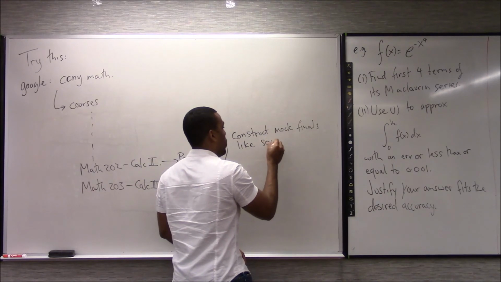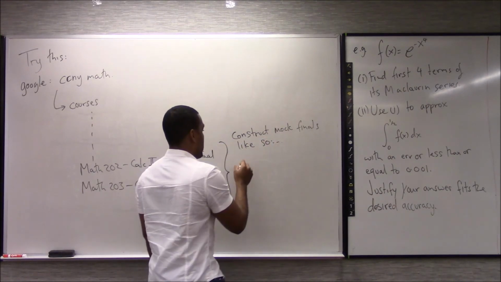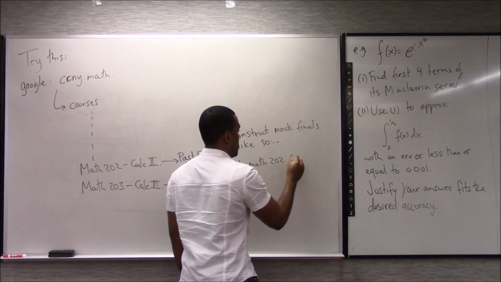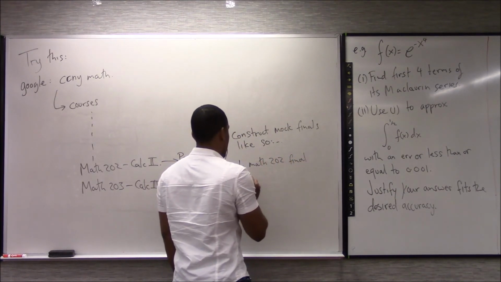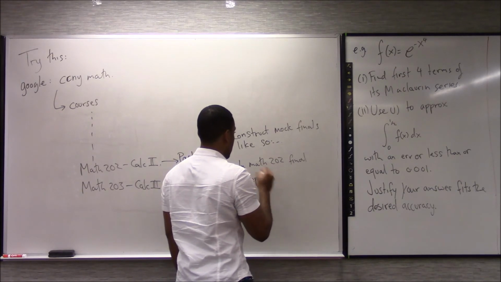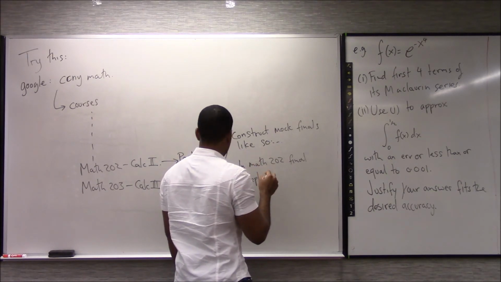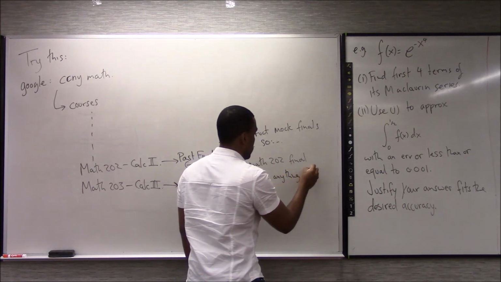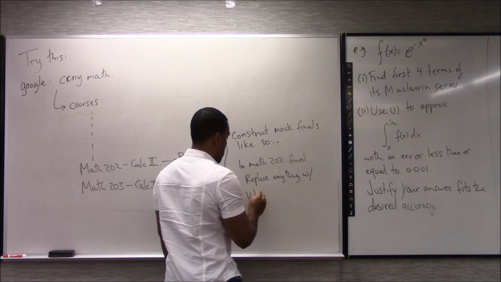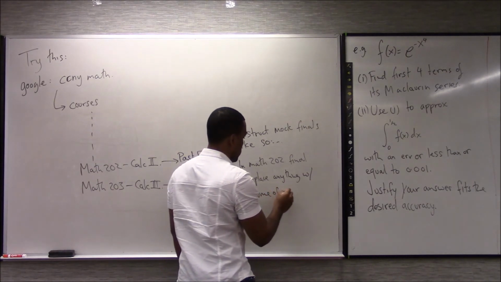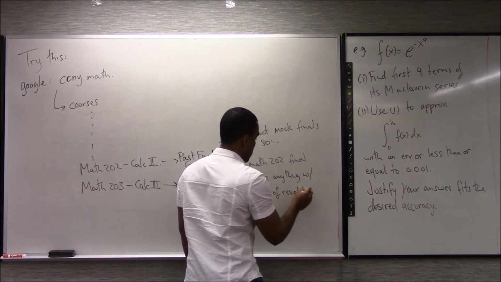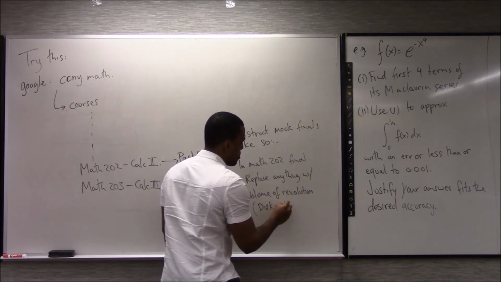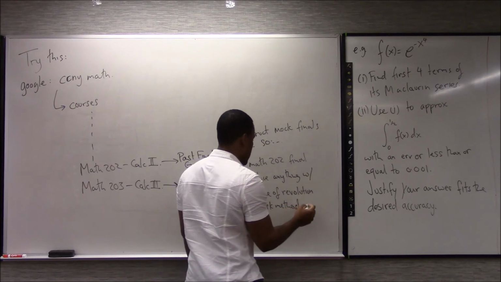Okay, so in any Math 202 final, replace anything with volumes of revolution. So that's where you might see things that mention the disk method or the washer method, or find the volume obtained by rotating this around that.